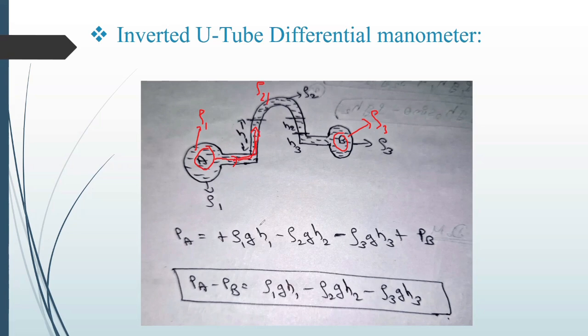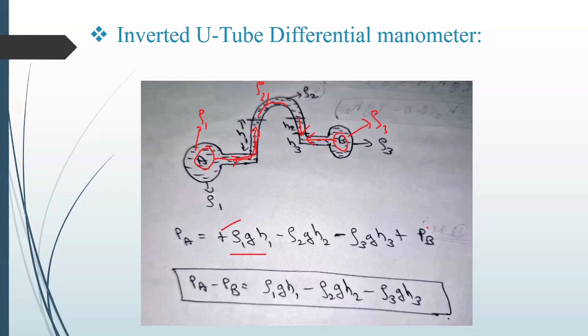Because of that, plus rho 1 g into H1 minus rho 2 g into H2, because again it starts to decline here. Because of that it is a minus sign, and again minus rho 3 g into H3, because it again started to come downwards, as you can see here, plus PB. PB is nothing but the pressure B, which is applied in this compartment.